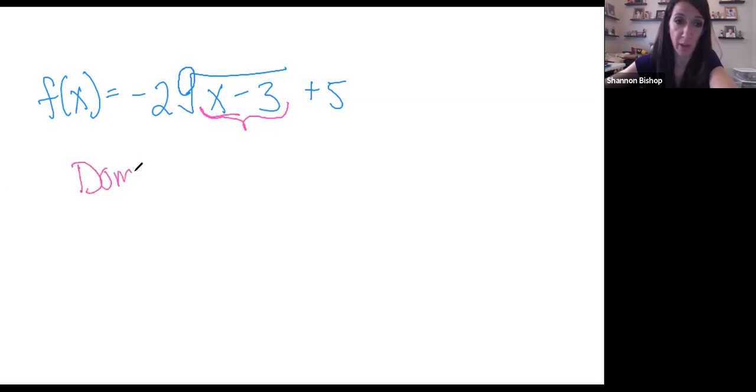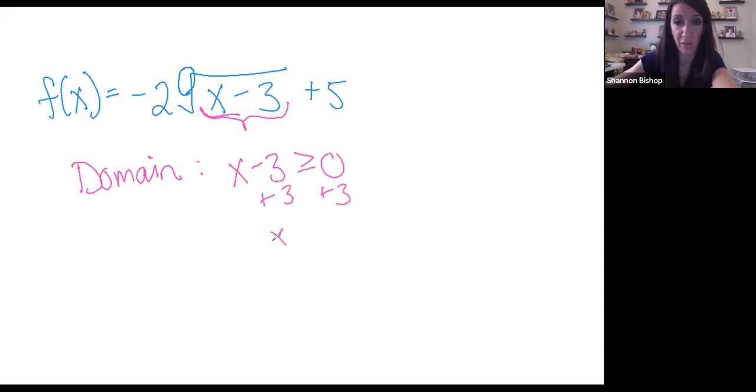So for the domain on this one, we'd have to make sure that x minus 3 stays greater than or equal to 0. Now in this particular case, when does that happen? Everything above 3. So that's the domain right there. Everything above 3 should be valid.